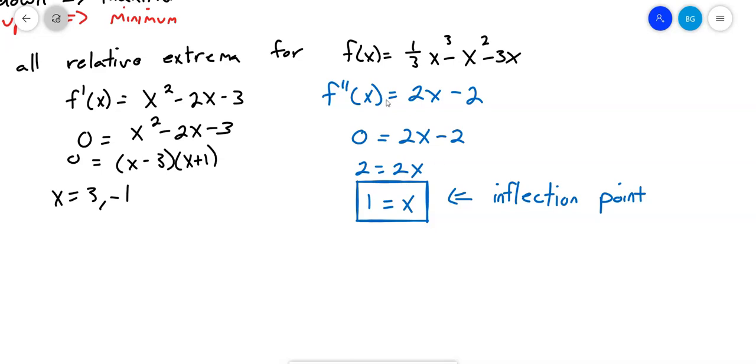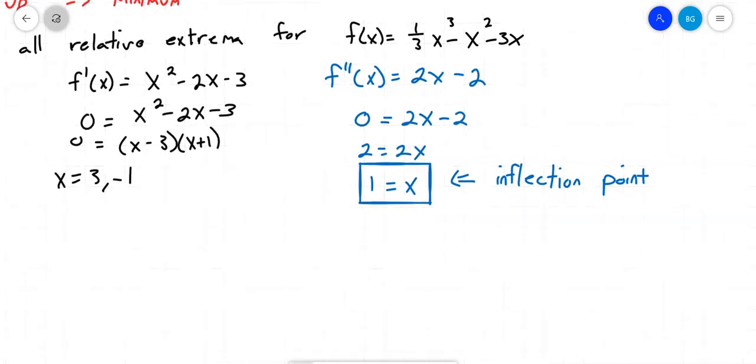A point where the concavity changes is an inflection point. This actually turns out to be an inflection point, but just because the second derivative is 0 there does not necessarily mean it's an inflection point, because if the second derivative is positive on both sides, then it wouldn't change concavity. We'll see one of those in the next video, but for now, this is an inflection point.